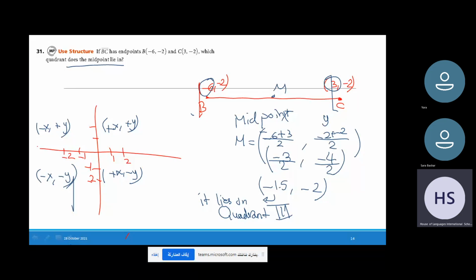Do you mean quadrant 3? No, I don't. Yeah, it's okay. This one here. Negative 2 plus negative 2.